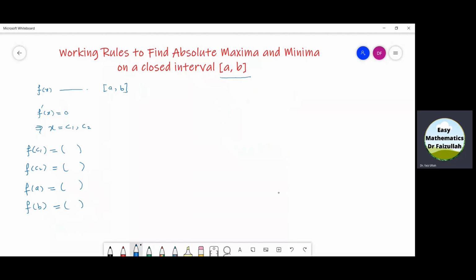Now the largest value in these four will be the absolute maximum value of the given function f of x, and the smallest value in these four will be the absolute minimum value of the function f of x in the given closed interval.